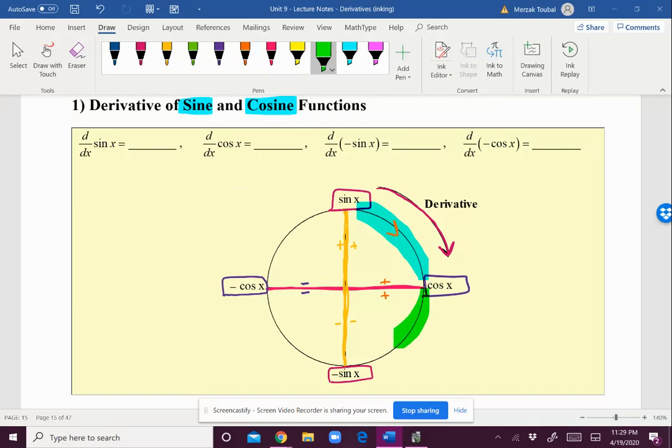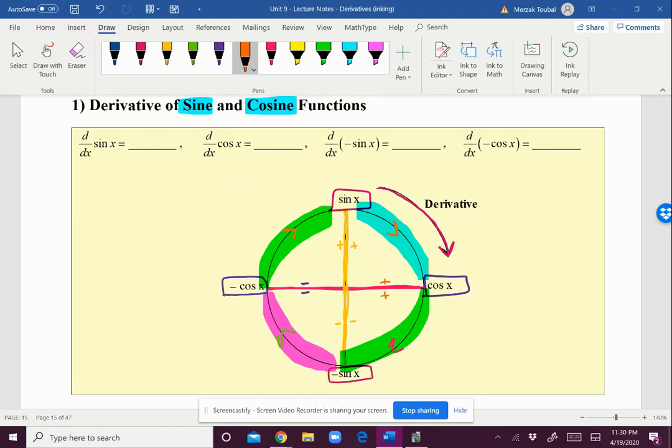Derivative of cosine is negative sine, moving clockwise. Derivative of negative sine, negative cosine. Same thing, moving clockwise. And then a derivative of negative cosine will be the sine.